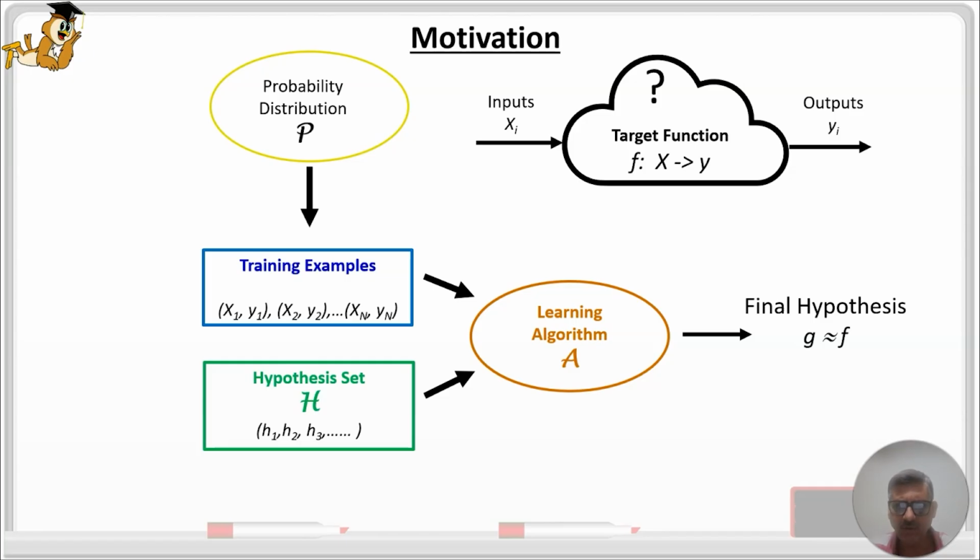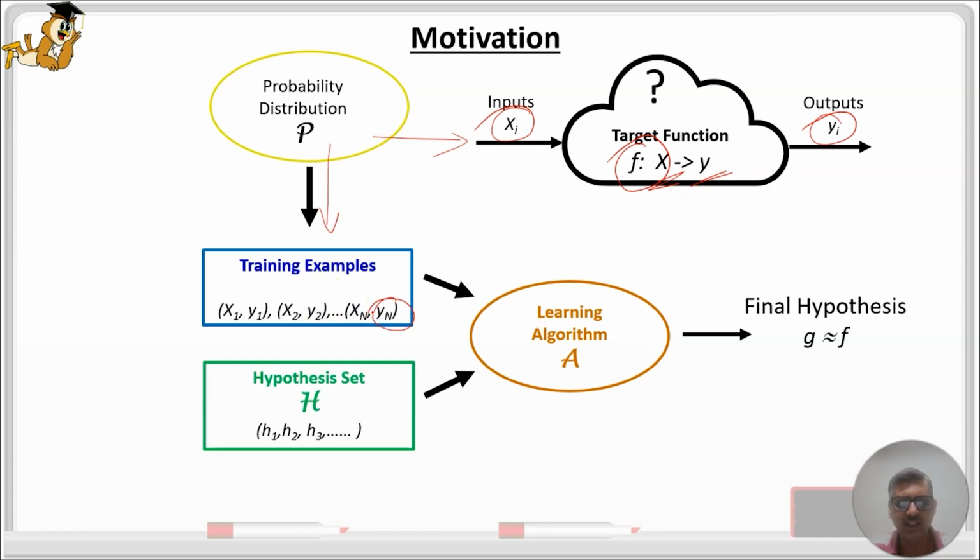Let's look at this framework that we've been using for the last several lectures, and quickly recap the blocks over here. We have the target function f that maps the input space to the outputs y. Essentially every input xi is mapped to an output yi, and the inputs are governed by a probability distribution p. The same probability distribution also governs the choice of your training examples, and you have n of them.